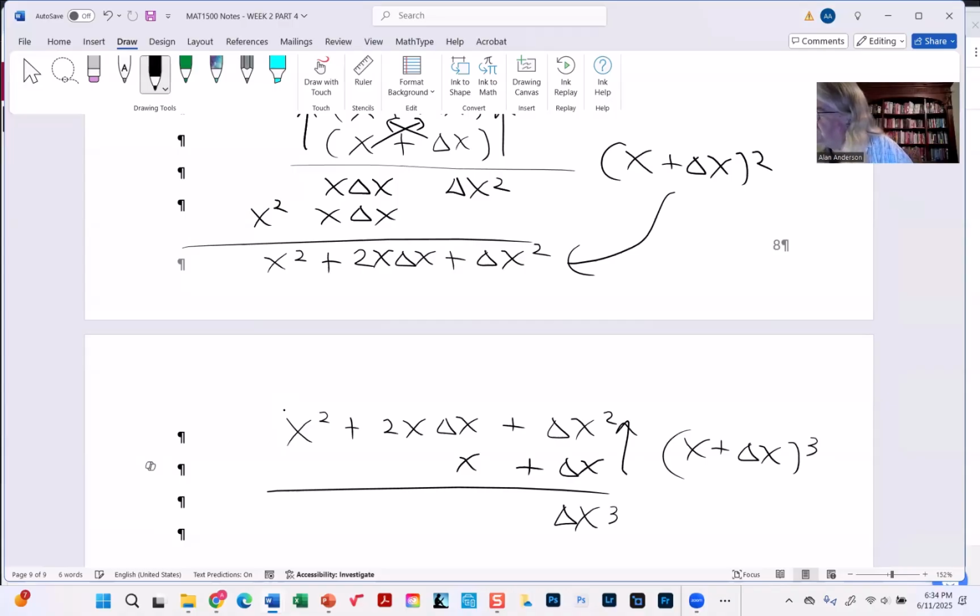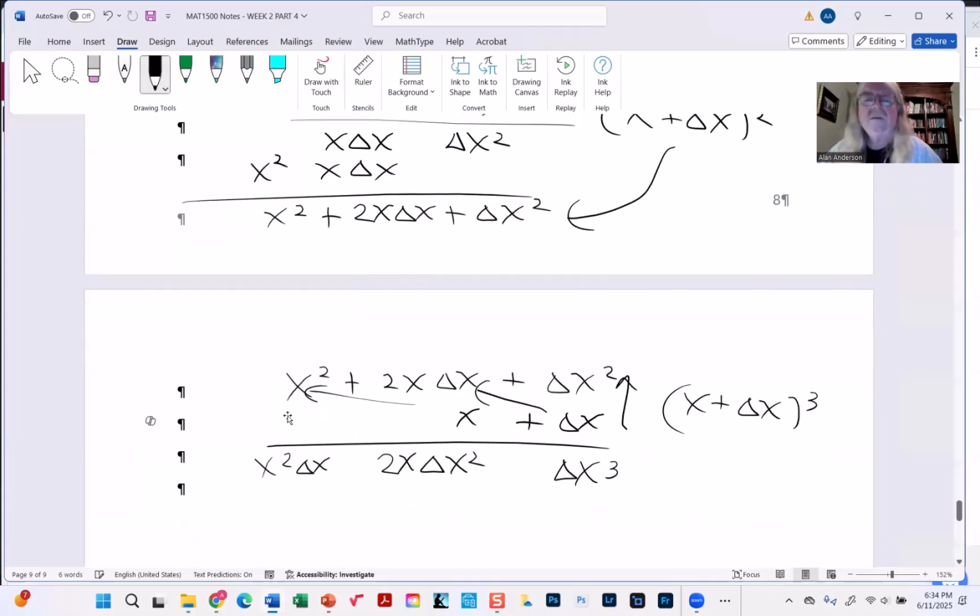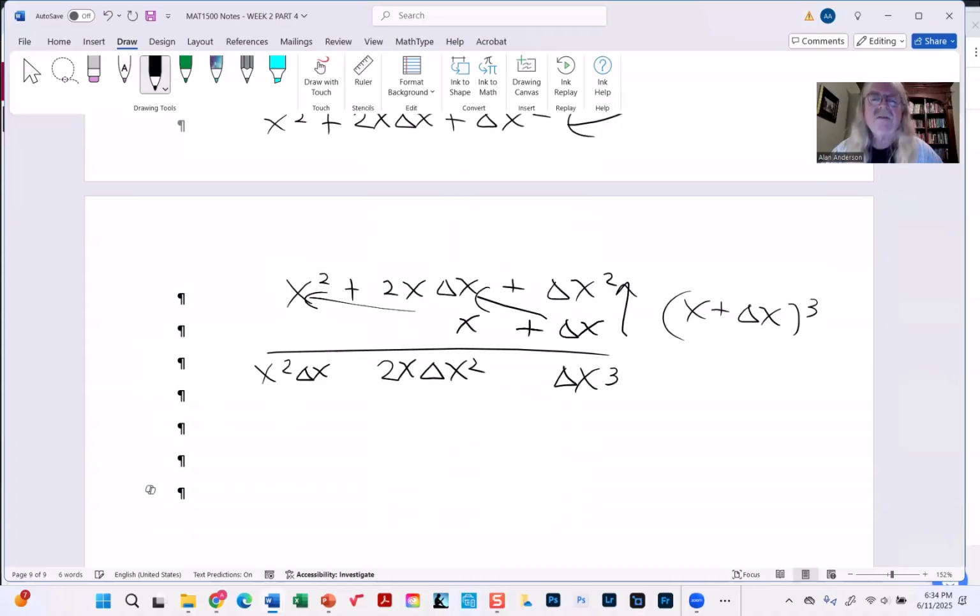Delta x cubed, 2x delta x squared. Here we have x squared delta x. Okay. Then when we multiply x by these terms, we'll have x delta x squared, 2x squared delta x.